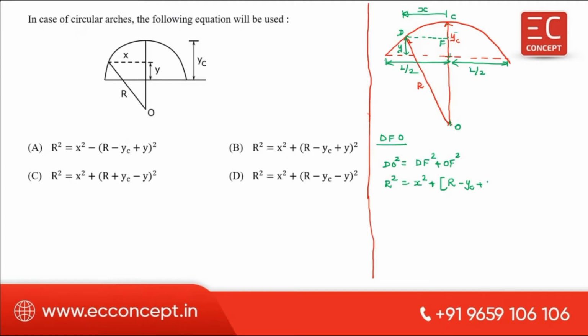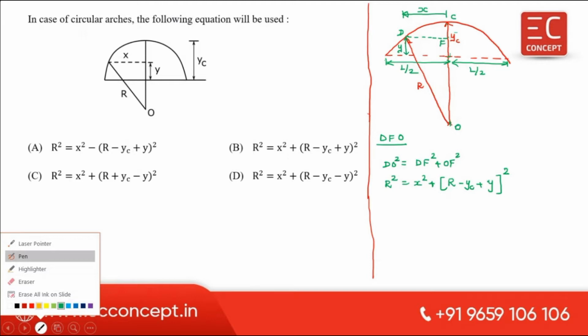So R square is equal to x square plus R minus YC plus y, the whole square. Therefore we understood the answer for this question.